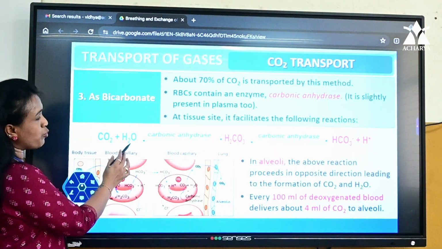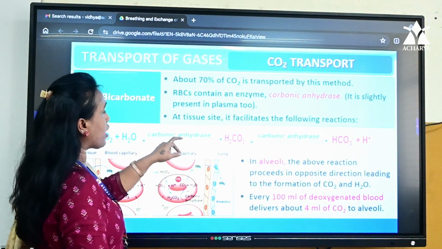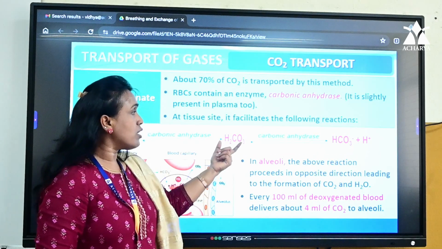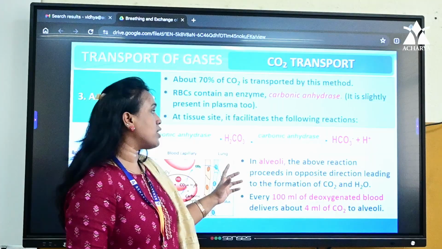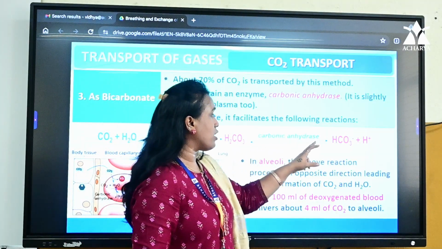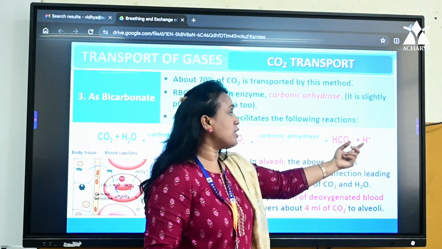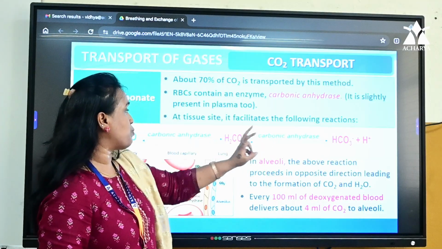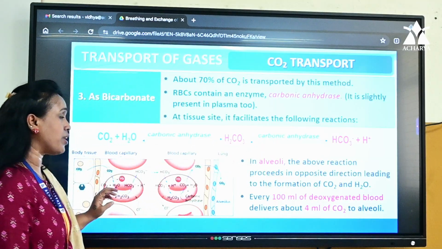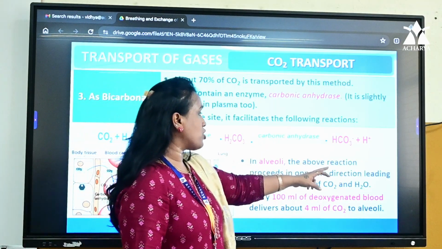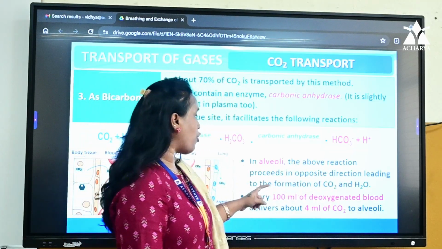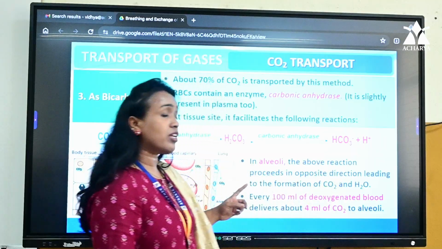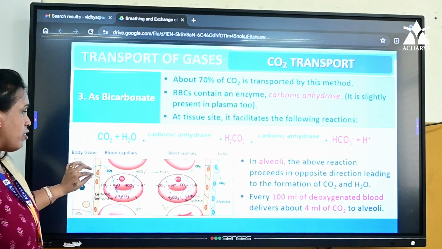Carbon dioxide and water in the presence of carbonic anhydrase form carbonic acid. Again, when the concentration of oxygen is more and carbon dioxide is less, the carbonic anhydrase will form HCO3 minus plus H plus from the same H2CO3. In alveoli, the above reaction proceeds in the opposite direction, leading to the formation of carbon dioxide and water that we studied in detail now.